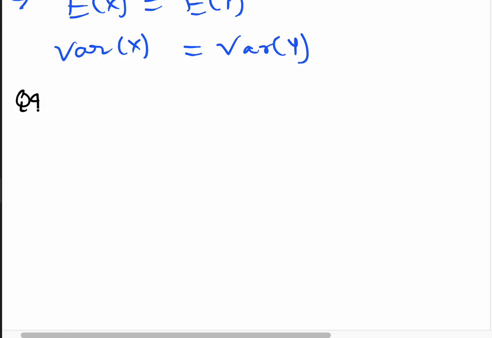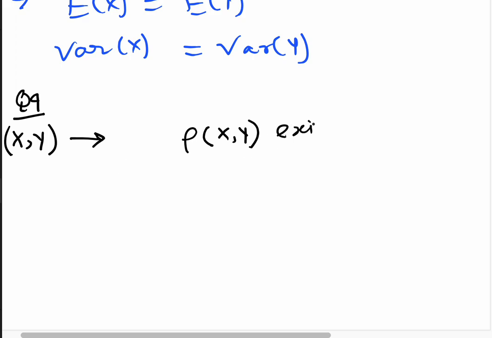Question 4. Now let X and Y be a bivariate random variable such that its correlation coefficient exists.